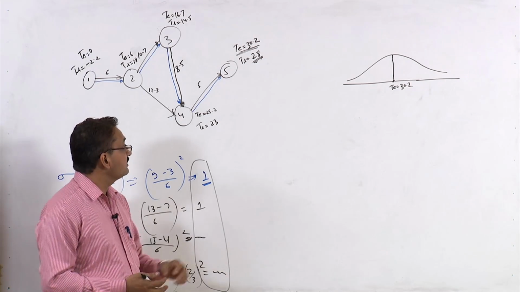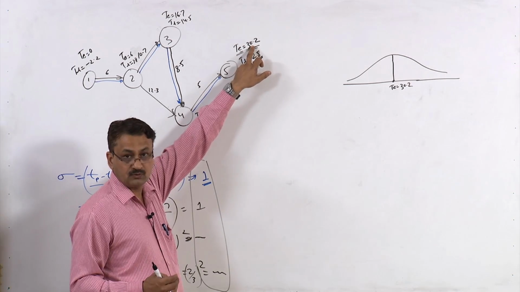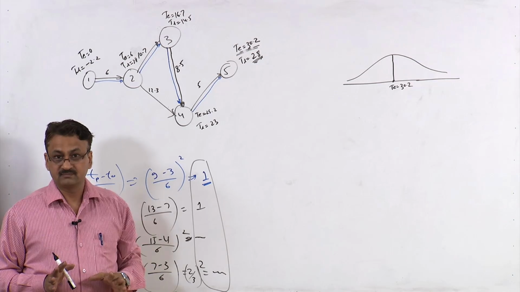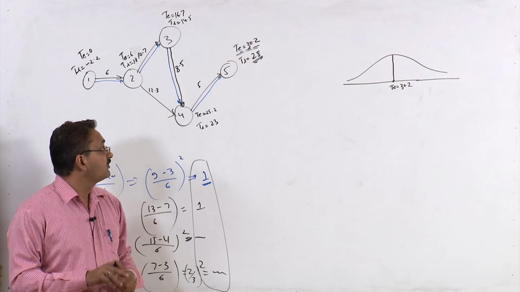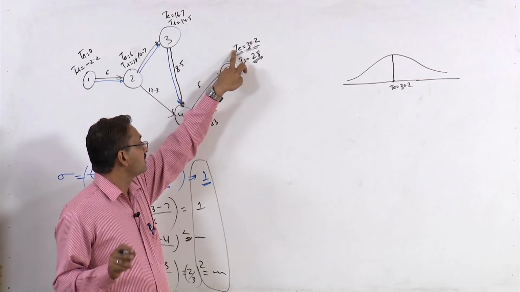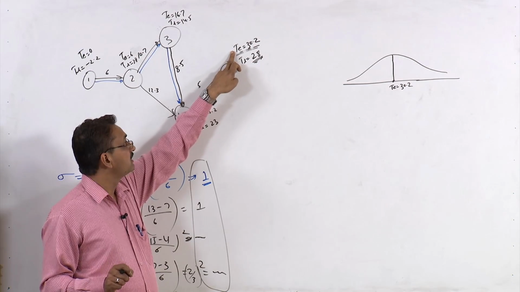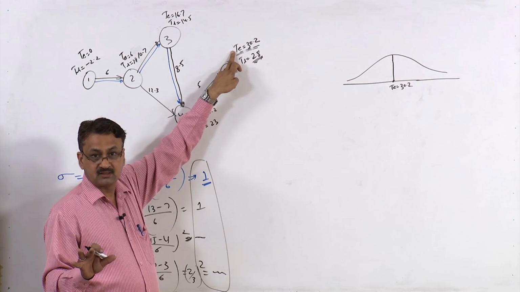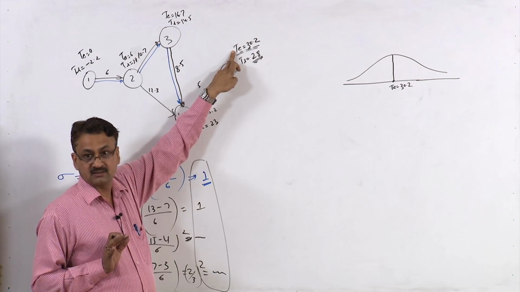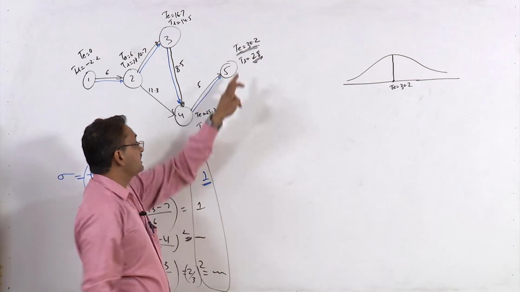Probability of completing the project in less than 30.2 days is less than 50%. So if you want to calculate the probability of completing this project in, let's say, 20 days, that probability would always be less than 50%, because for 50% this is the value.